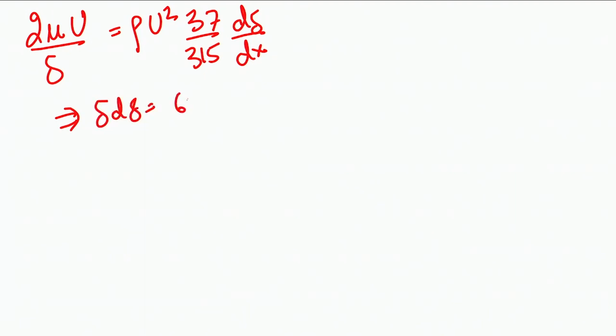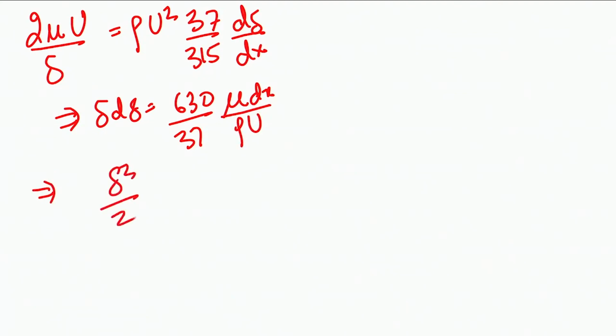If you integrate it, before integration it will become delta d delta equals 630 by 37 into mu dx by rho U, or delta square by 2 is equal to 630 by 37 capital U x by rho U plus c.